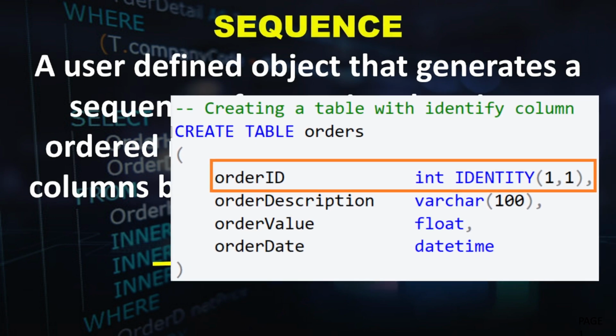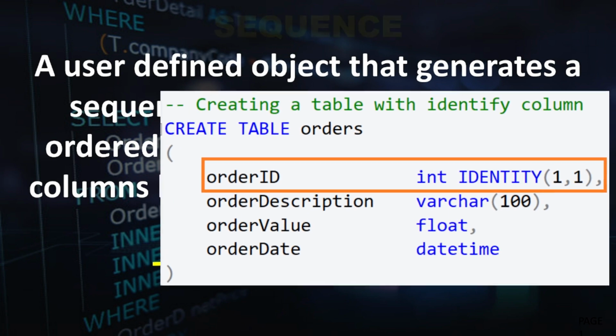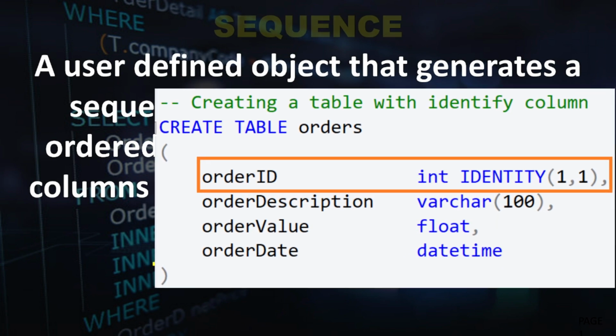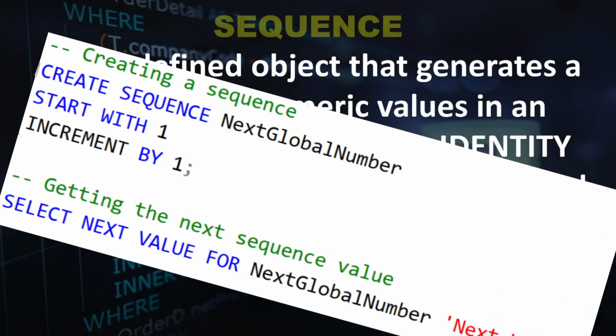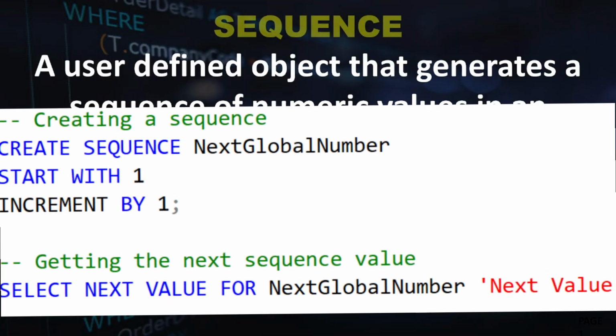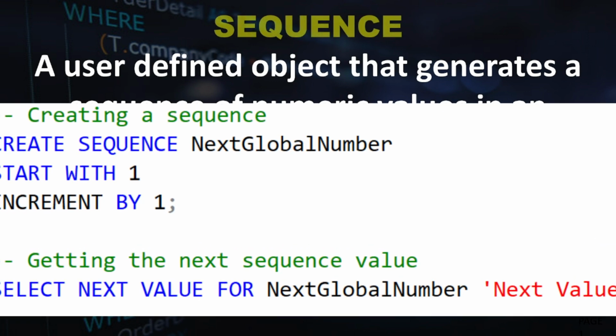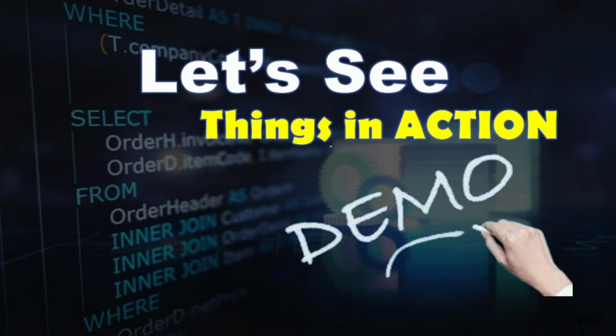As we create identity on a specific field of a table, it works only on that. On the contrary, a sequence can be used among multiple tables and at multiple places. Let's go and see the sequence first, how to create and how to use it.